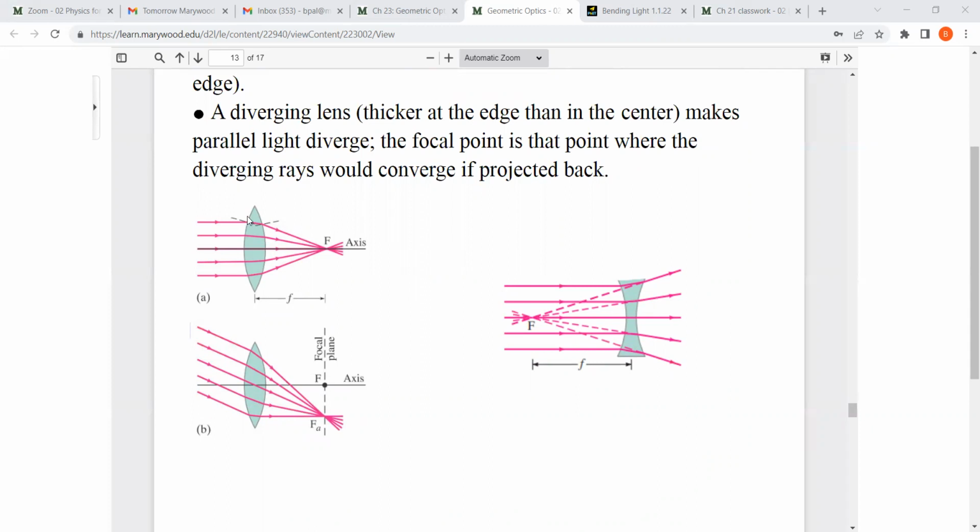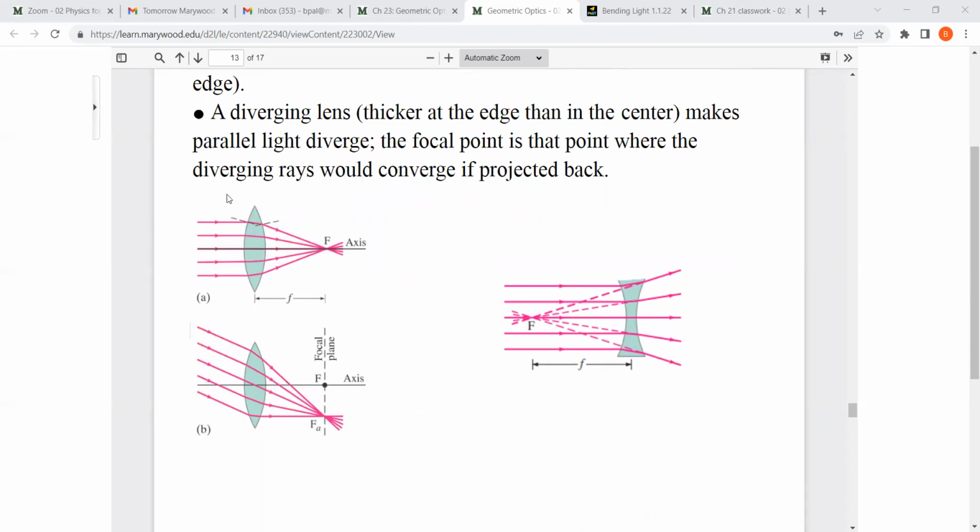Here you see that for a double convex lens, light is striking this surface, and then they meet at this point, they converge at this point. Here you see the interesting thing: the light is passing through this lens, which means refraction is happening here.